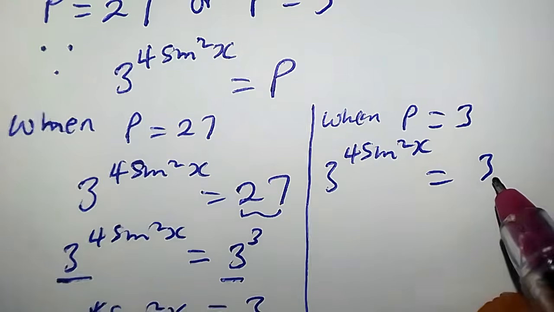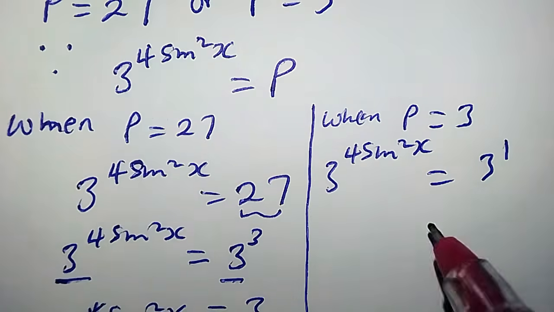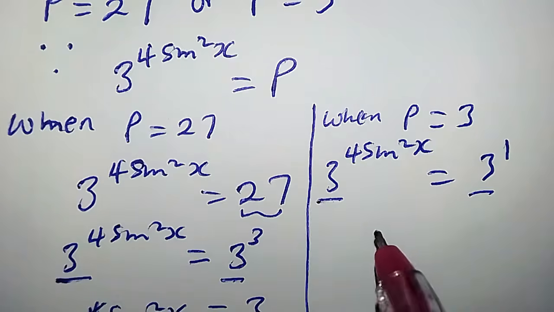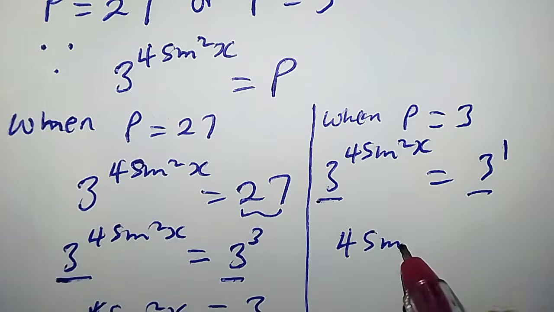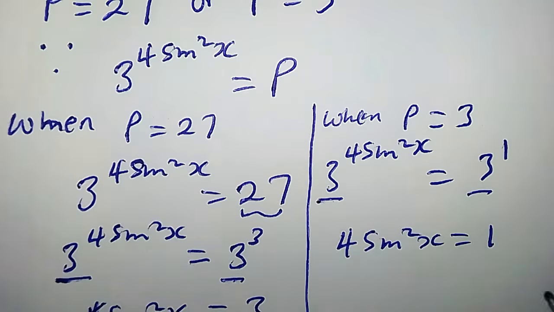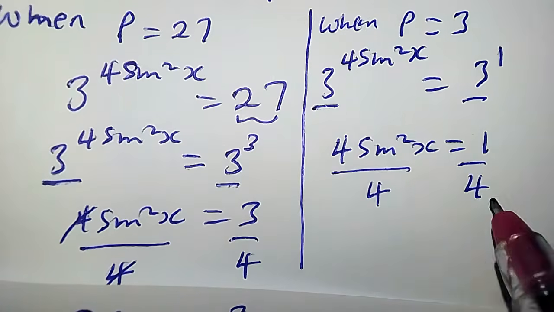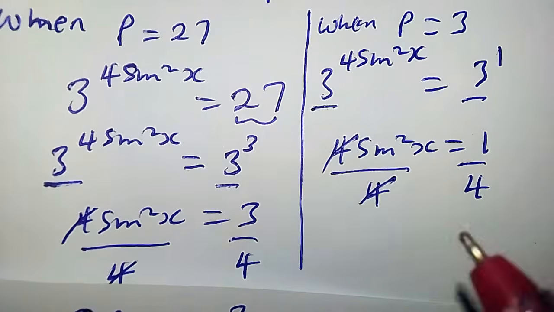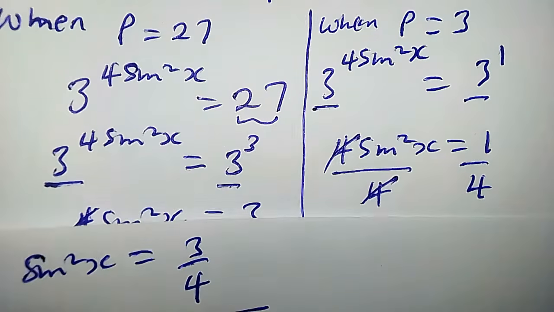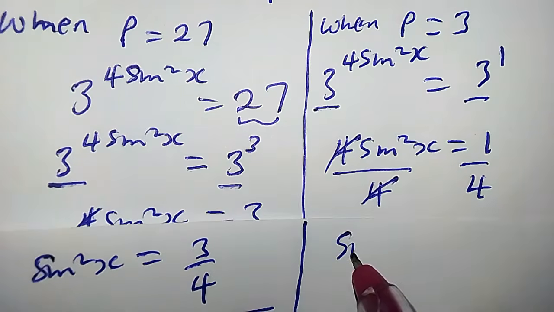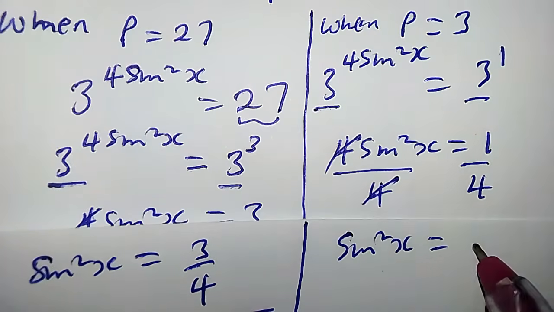Don't forget that this 3 is the same thing as writing 3 raised to 1. Since we have the same base, 4 sine square x is equal to 1. If we divide both sides by 4, 4 cancels 4, so we are left with sine square x equal to 1 over 4.